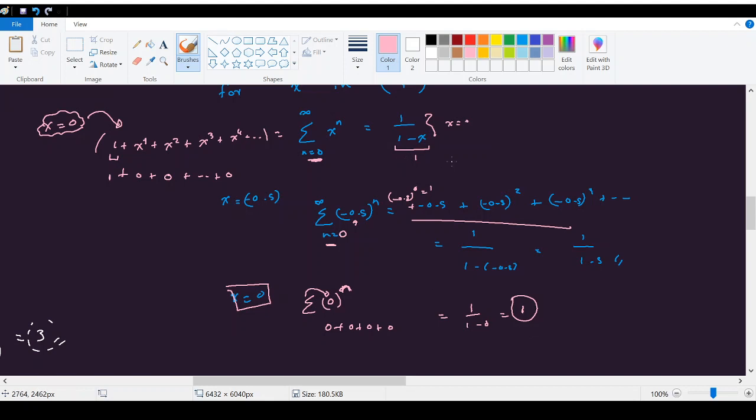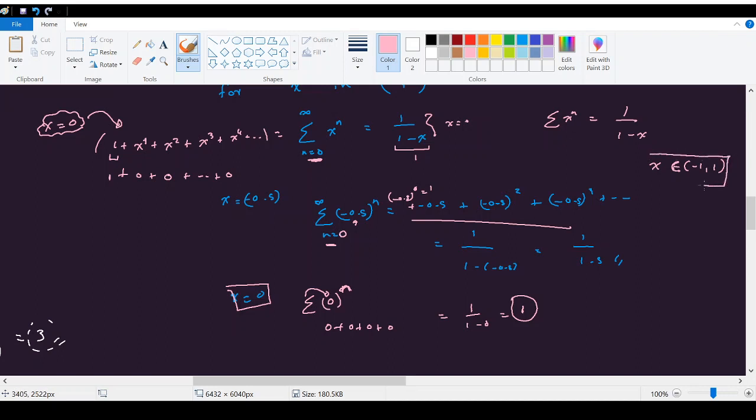So simply, this result is true for any x in between -1 and 1, right? This is the notation for element.